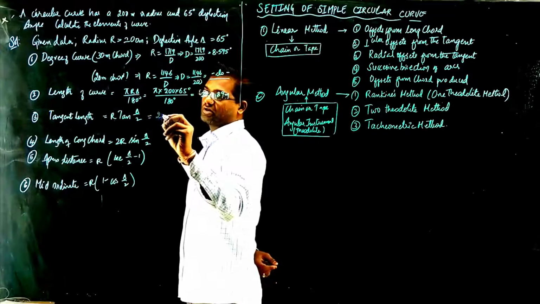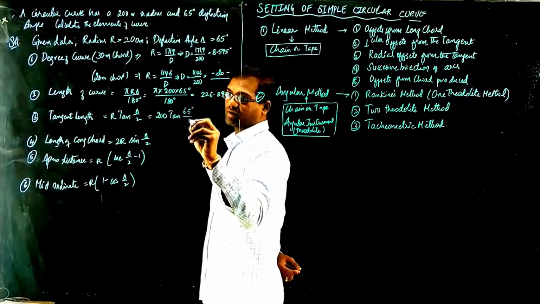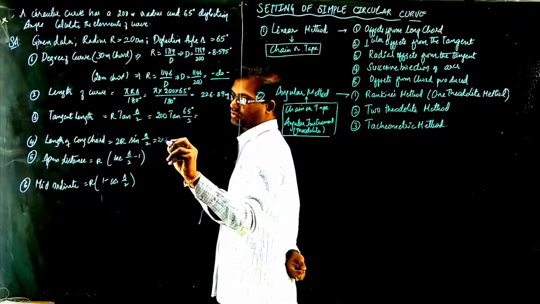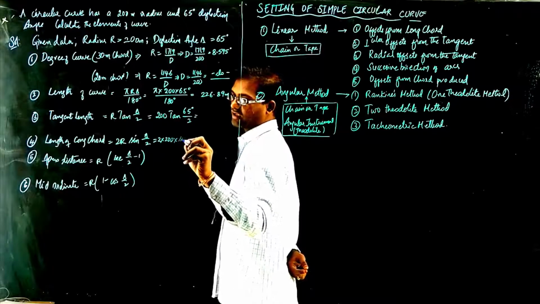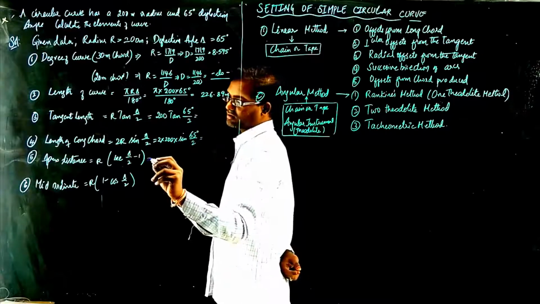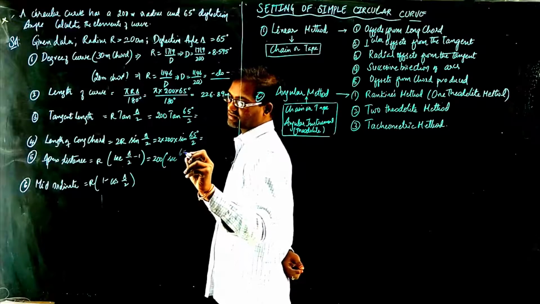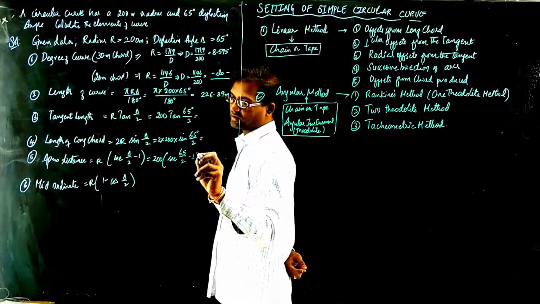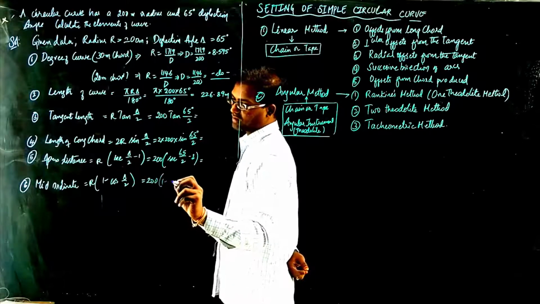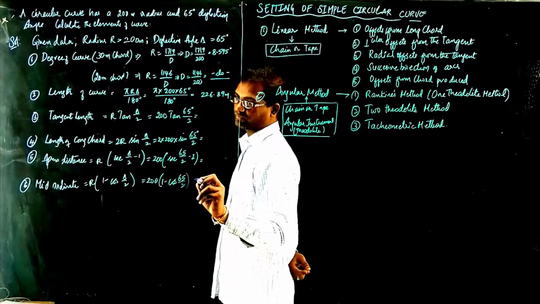So r is 200 into tan 65 degrees by 2, 2 into 200 into sin 65 by 2, 200 into secant 65 by 2 minus 1, and 200 into 1 minus cos 65 by 2.